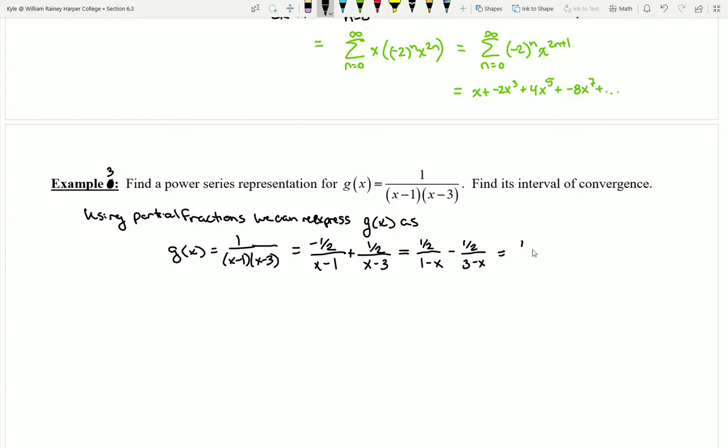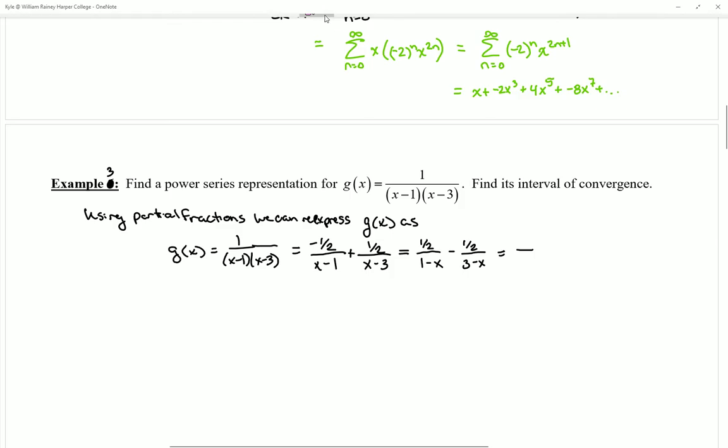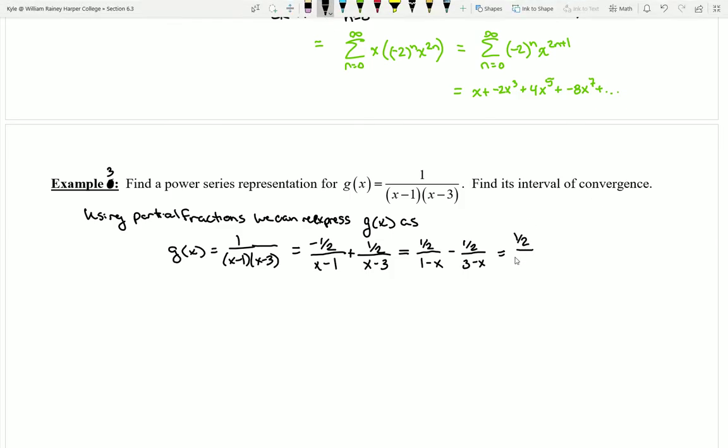But we can easily fix that by taking that second fraction and dividing everything on top and bottom by 3. Okay, so now I can see that each of these resembles a geometric series.